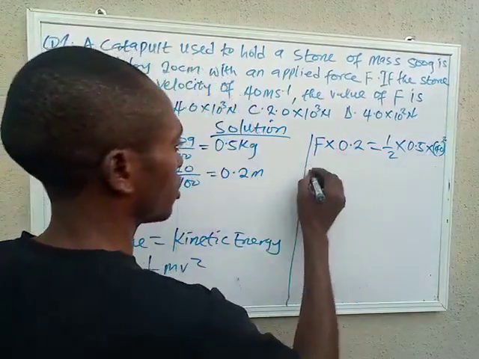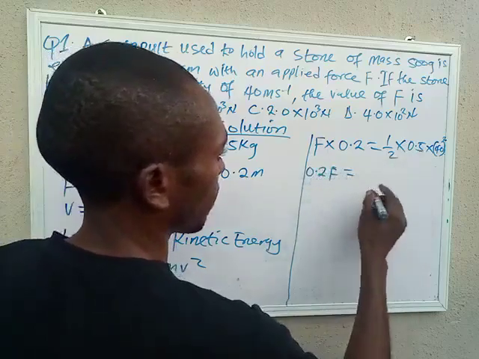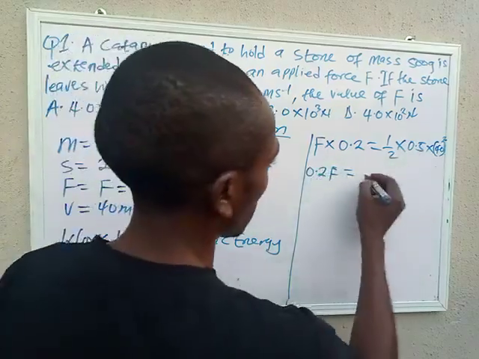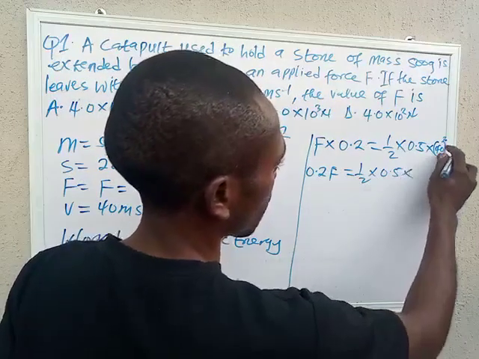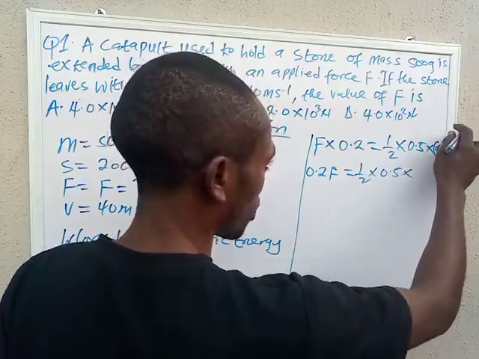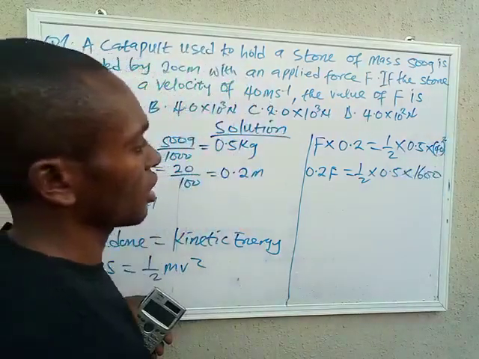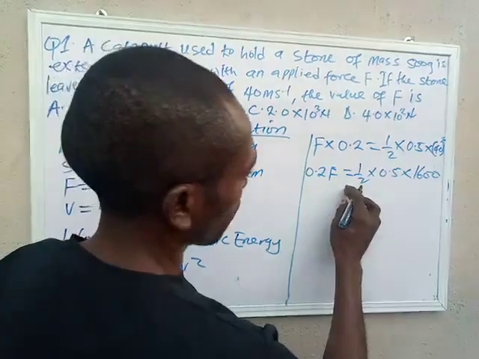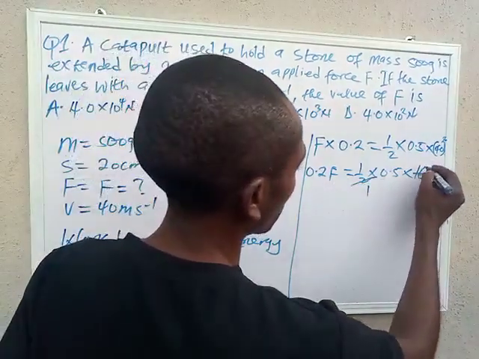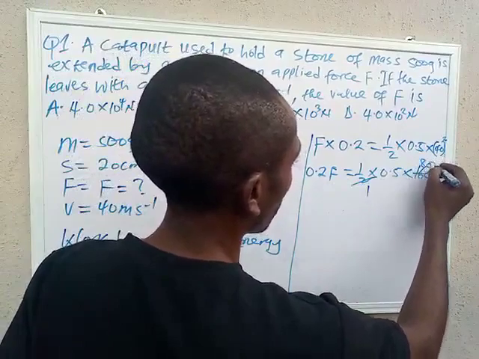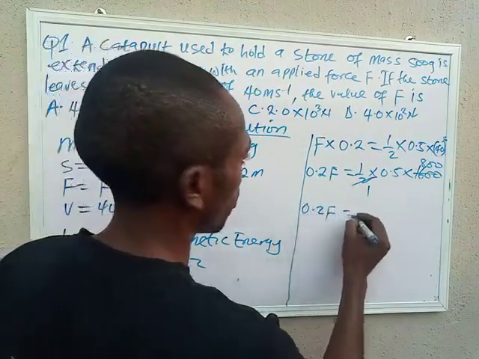So 0.2F equals 1 over 2 times 0.5 times 1600, since 40 squared is 1600. Two into 1600 is 800, so we have 0.2F equals 1 times 0.5 times 800.